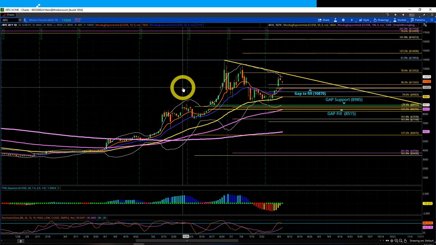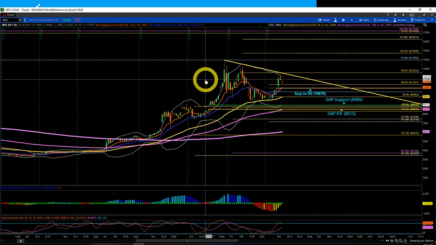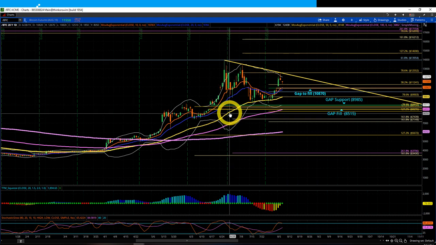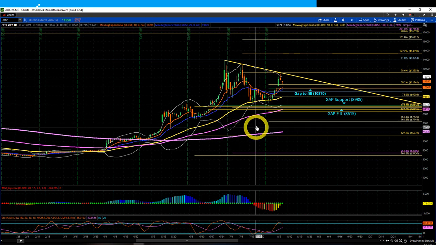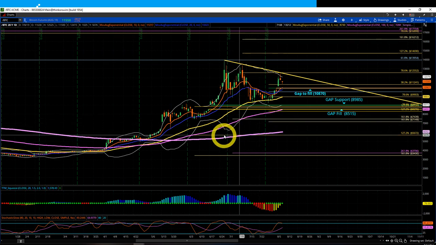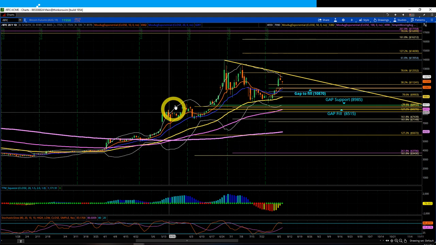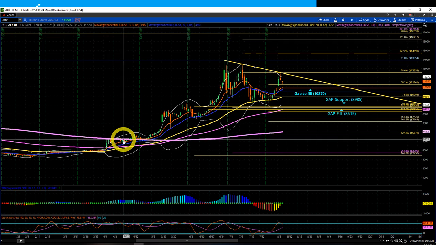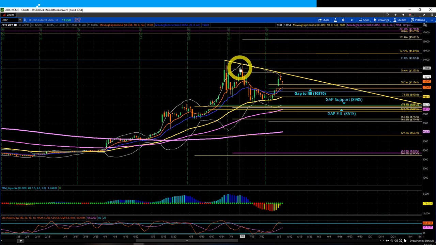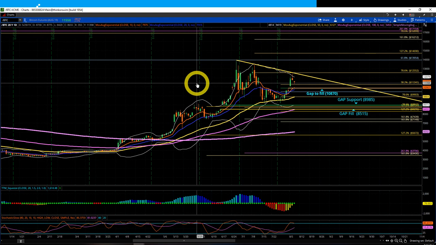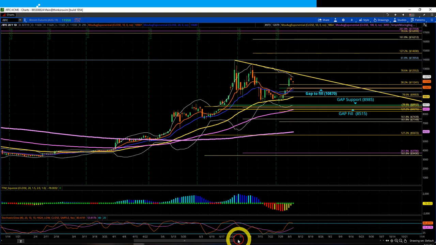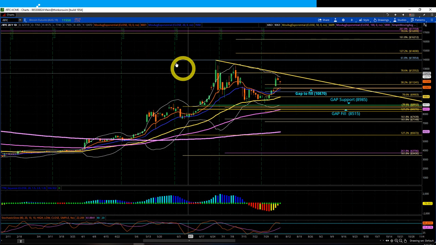Until you break and make a higher high, when you start dropping, that's a bear market. It just stays bearish, right? And it's the same way in a bull market. Look at this move ever since the bottom. Up, dip, up, dip.